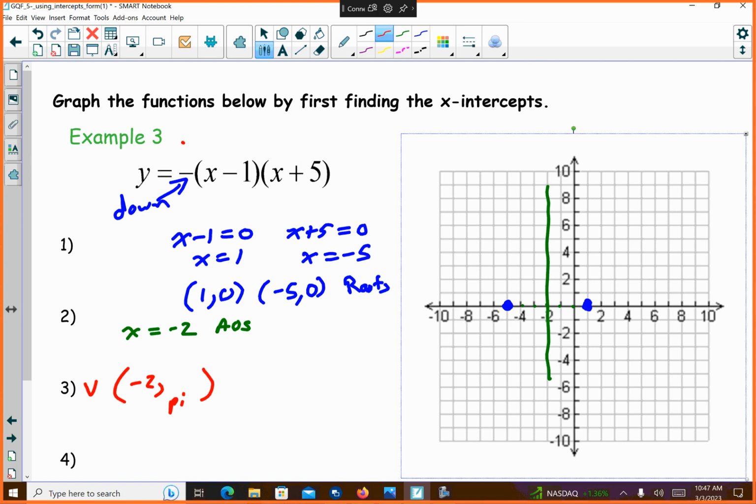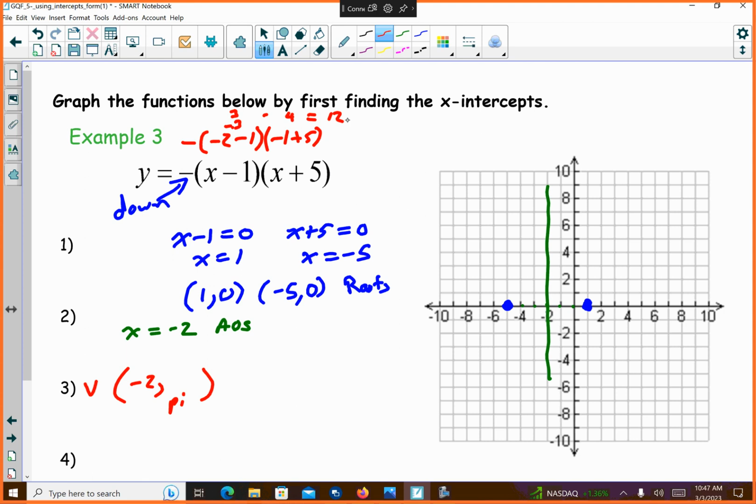So I'm going to plug -2 in. Keep the parentheses because that means we're multiplying. Okay, so this is going to give me -3, and then negative times -3 is going to give me +3, and this is going to give me 4, so 3 times 4 gives me 12, right? Did I do that math? No, that should be negative. -2 minus 1.